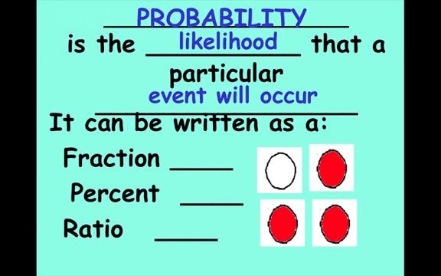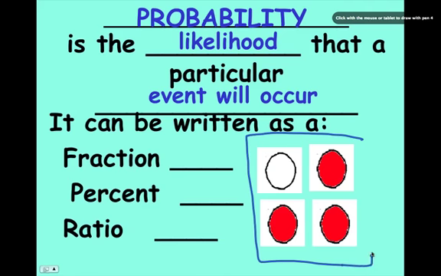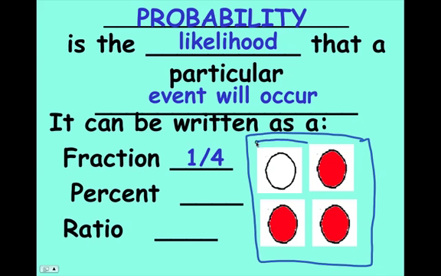And it can be written as, if we look at the diagram over here on this side, if we were to write this as a fraction, it would be 1/4, 1 out of 4 total.